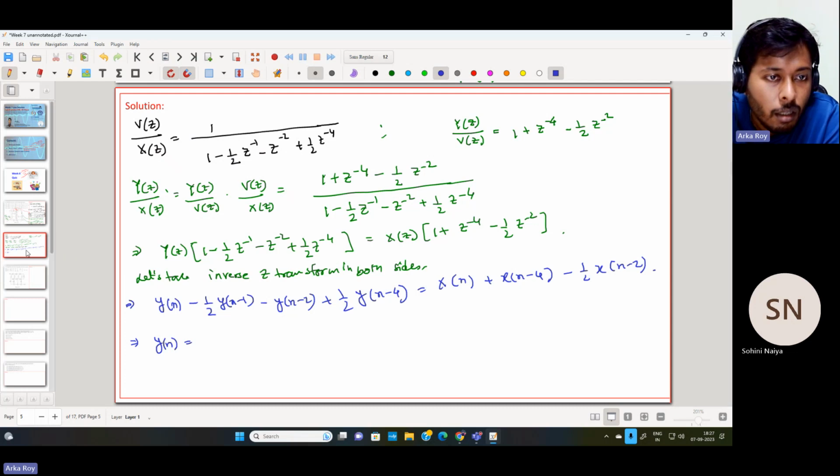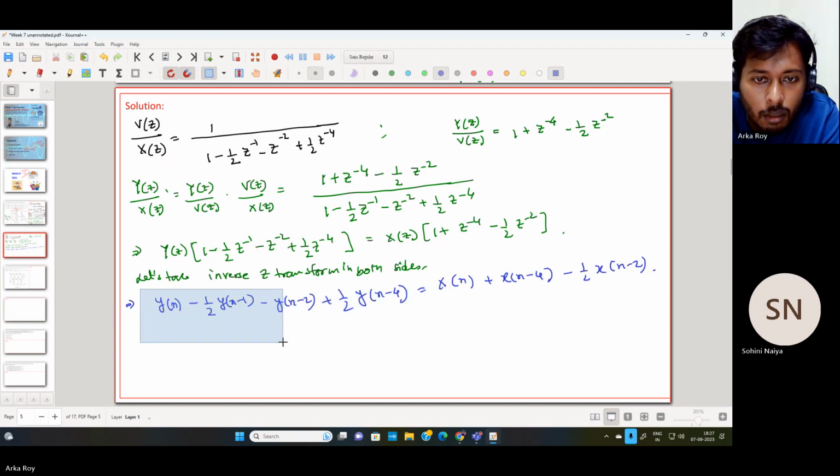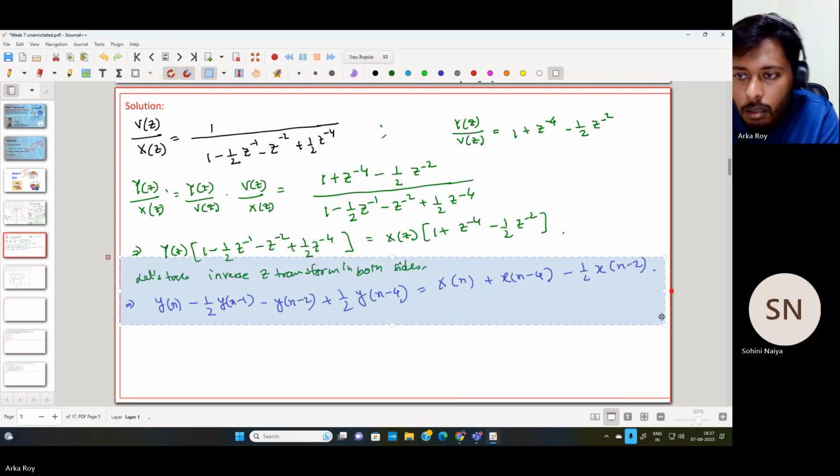So let me see first how the results have been given in the options, and if it is required, then I will start arranging the operators. So the answer that we have found is this one.